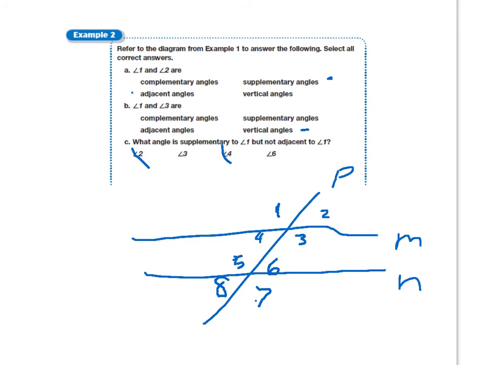So our only option left now is number 6 down here. And we can see that since number 6 corresponds to number 2, it would be supplementary to number 1. So that is why number 6 would be the only correct answer there.